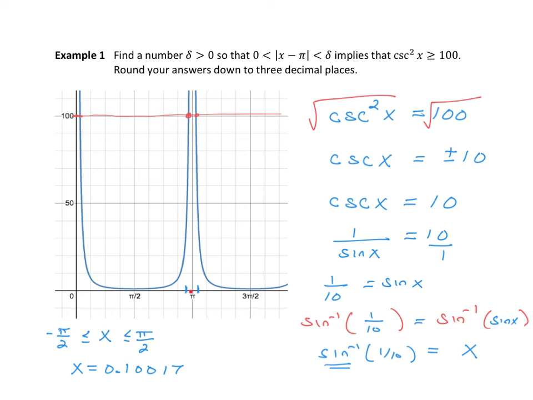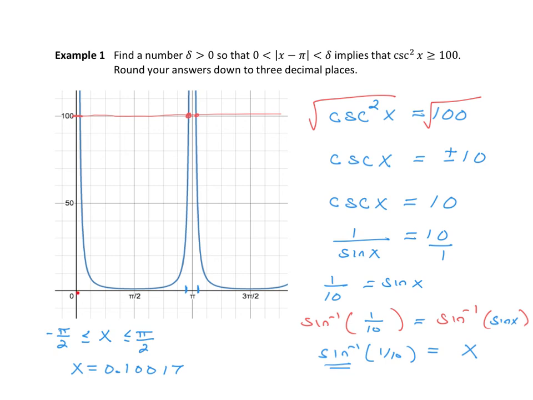Well, you're going a little bit over that 0.1 over here and 0.1 over here. So even though it gave us these solutions, I know that it's really telling me the distance I'm going from pi in this direction to pi in this direction. So the question is, what value of delta do I want to use?